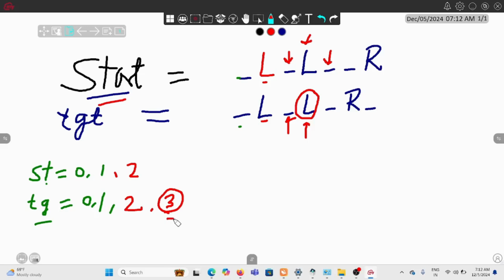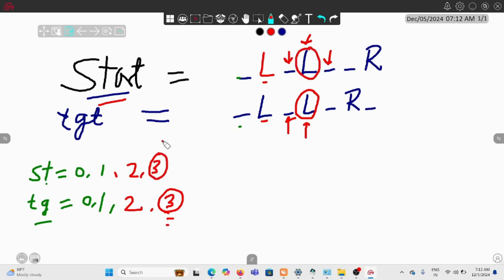So at 3 it is L, and when it came 0 1 2 3, here also it is L. So it was fine till here. At 3 we stopped, because whenever we are getting L and R, we have to stop so that we can compare. So we are here at 3.